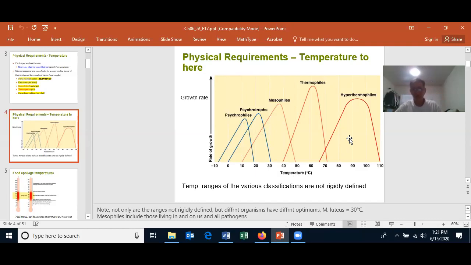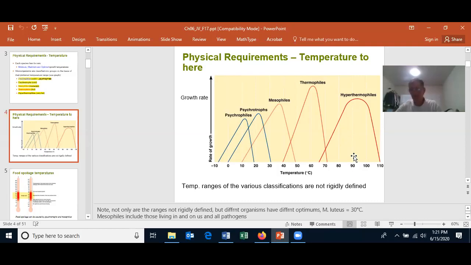The hyperthermophiles were something that weren't known when I took microbiology. Tells you how long ago that was. But these are organisms that have an optimal growth temperature at 95 degrees Celsius or higher. And so some of them grow at the temperature that water boils at, okay?